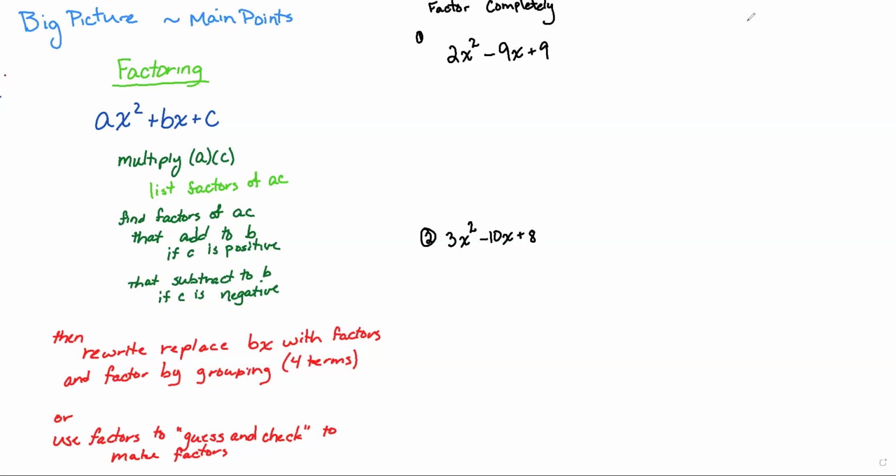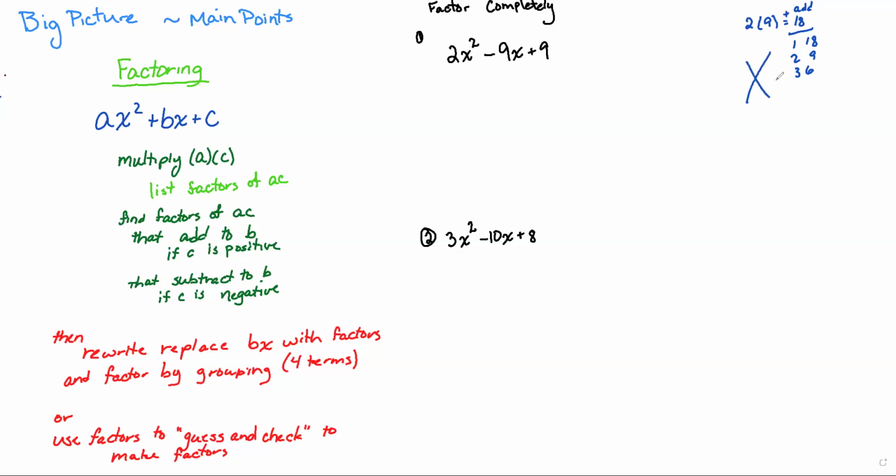So 2 times 9 equals 18, and it's a positive, so that means we're going to add. Your factors of 18 are 1 and 18, 2 and 9, 3 and 6. I need them to add together to equal a negative 9.